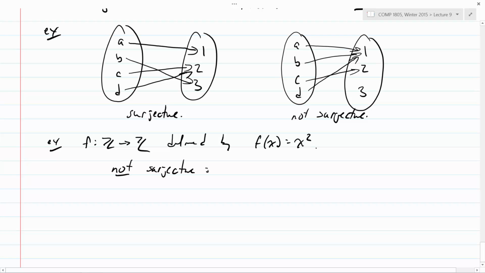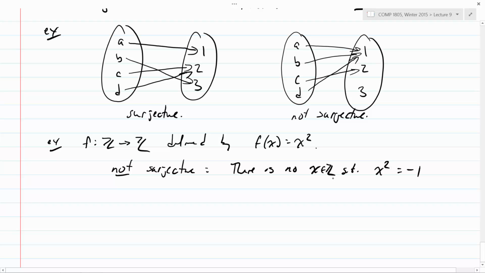And there's lots of ways to see it. One is there is no x such that x squared equals -1. Right? There's no such x because I require that my inputs are integers. So really there's no integer x such that that's true.